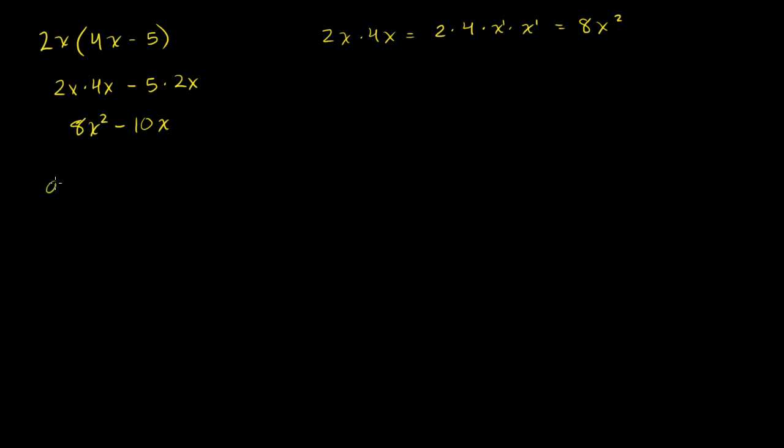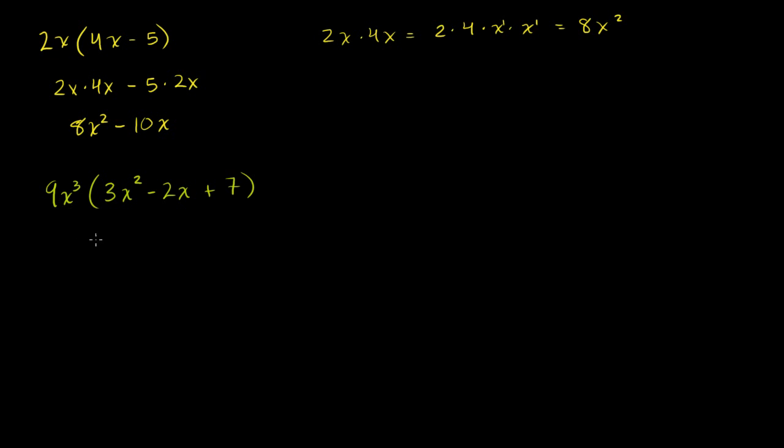Let's say we had 9x to the third power times 3x squared minus 2x plus 7. So once again, we're just going to do the distributive property here. We're going to multiply the 9x to the third times each of these terms. So 9x to the third times 3x squared.